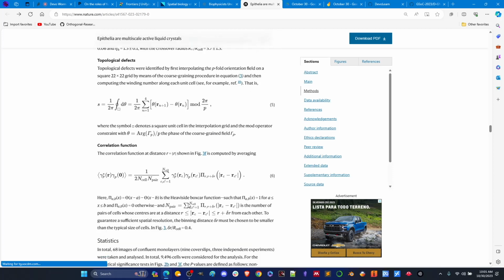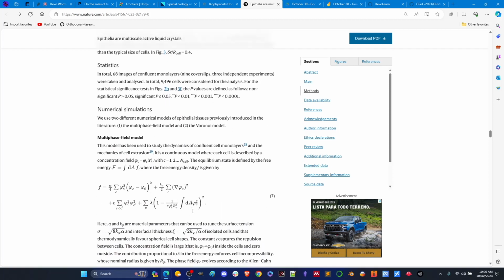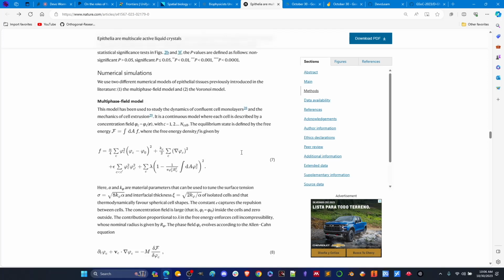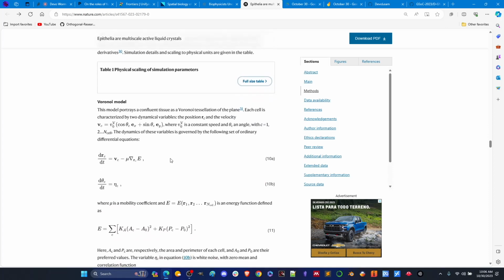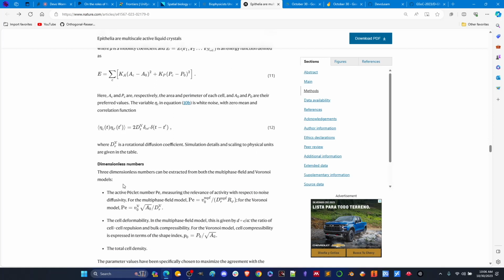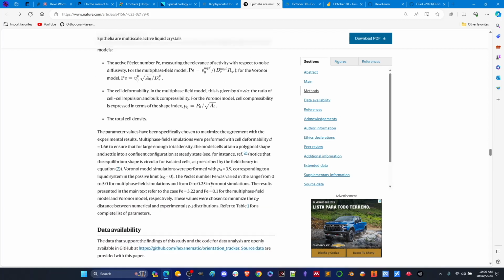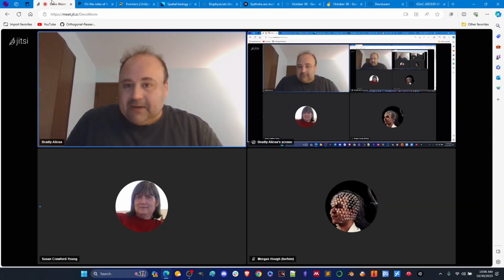There's a spatial correlation function, and then they're also doing their multi-phase model, the MP model, and then you have the Voronoi model, which is based on the Voronoi tessellation, and the dimensionless numbers, which are these measures that they were using in the paper. So there's a lot of stuff here to put into the pot.